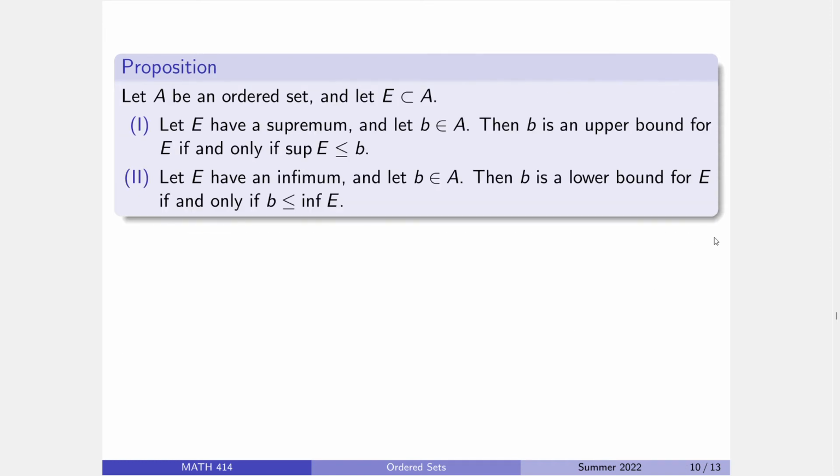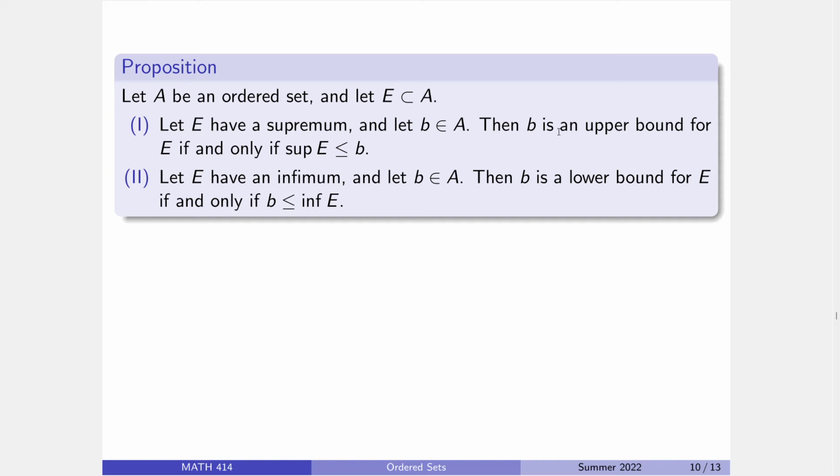Alright, so let's prove something that we'll use quite frequently, and specifically what we'll use is actually the negation of the statement, but it's worth proving. If you have a supremum, then you can determine if something is an upper bound, because for it to actually be an upper bound, it must be greater than or equal to the supremum. The supremum is the smallest possible upper bound.